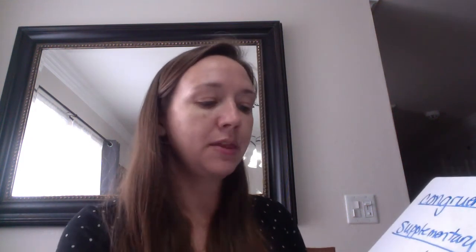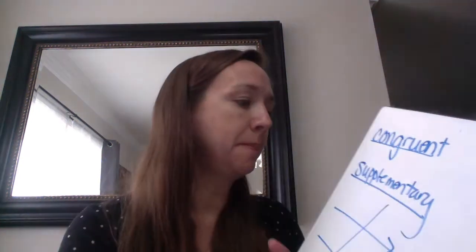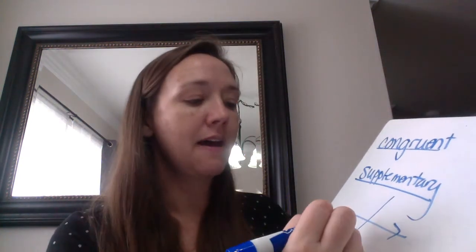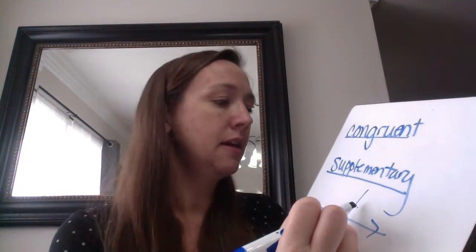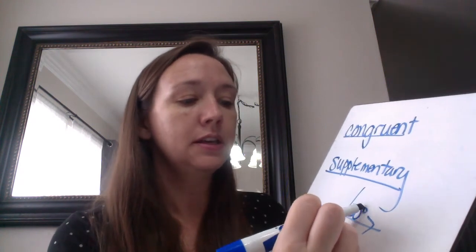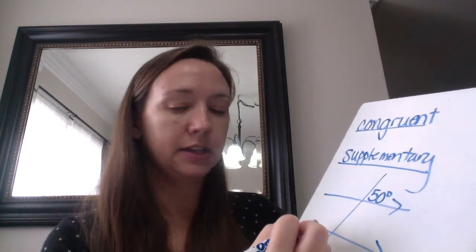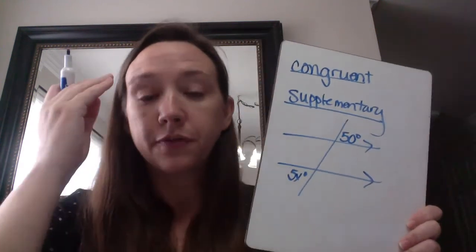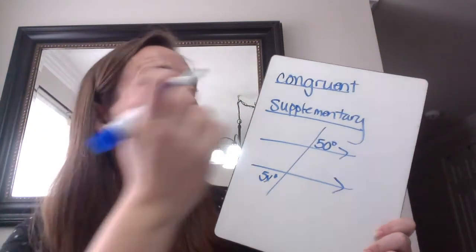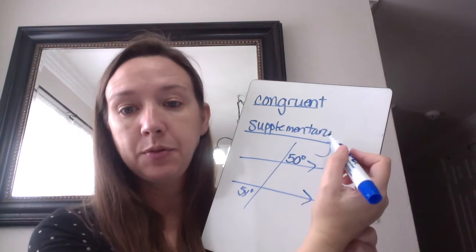I'm going to do one that's not on the example that we have there. So let's say that I have that this one here is 50 degrees, and this one over here is 5x degrees. So the first thing I'm going to think is, are these going to be ones that are equal or ones that are going to add up to 180?